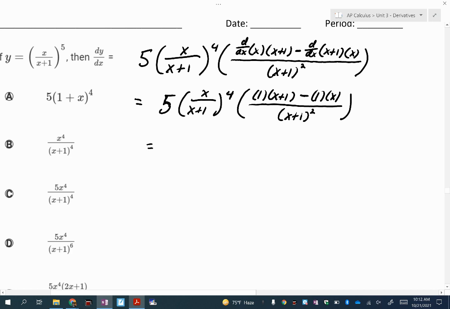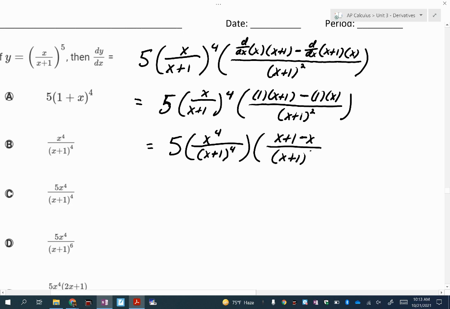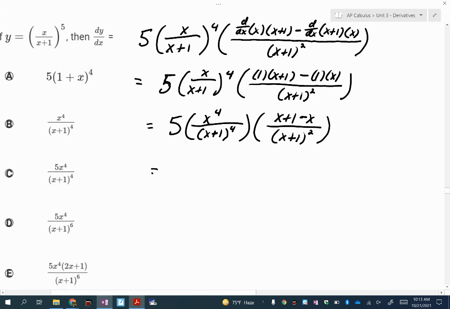Watch what I do with the left side here. So 5 times x to the 4th power over x plus 1 to the 4th power. So I gave each the numerator and the denominator that 4th power. Times x plus 1 minus x over x plus 1 squared. Keep doing it. I'm going to move that 5 to be in the top.